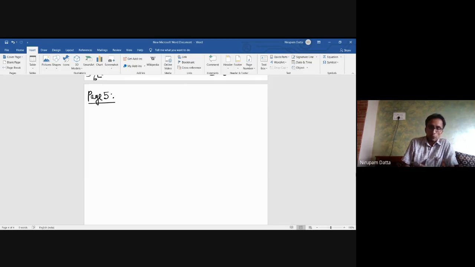Now we have to find the expected value of the sample mean. So first for that we have to find the value of the sample mean.